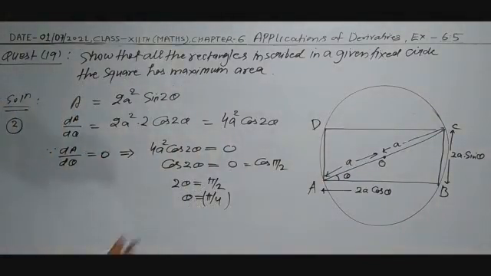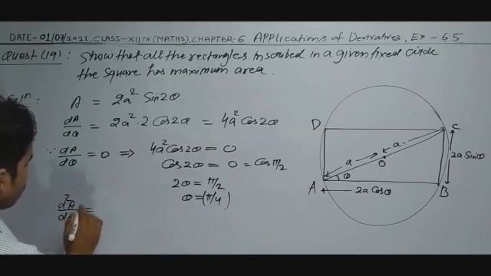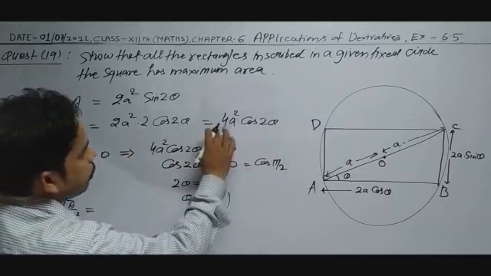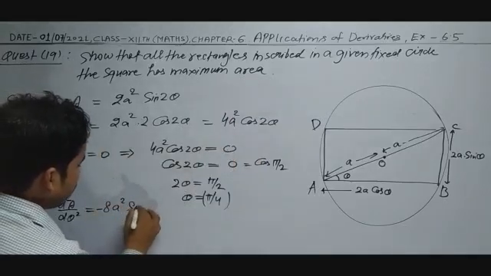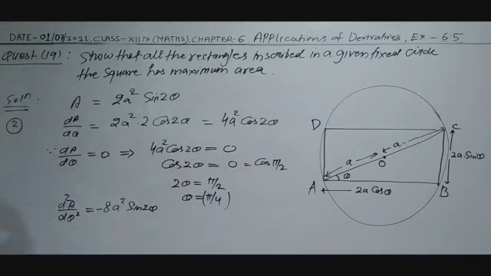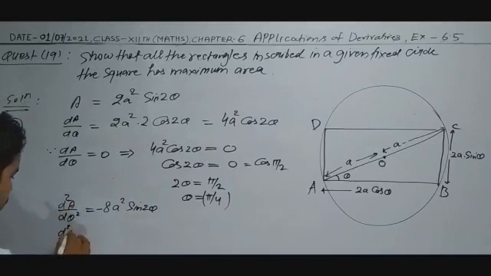Now you will differentiate again. You will get d2A upon d theta square is equal to d by d theta of this part. The result will be minus 8a square sin 2 theta.